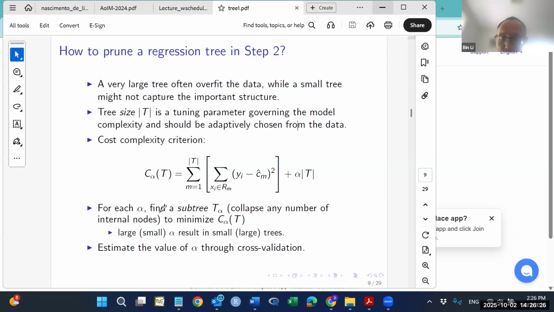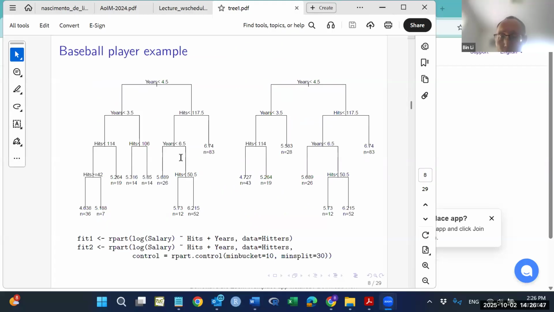So for each alpha, we can find a subtree. What is a subtree? A subtree is very simple: just collapse any number of internal nodes. If we collapse any internal nodes, then that becomes a subtree. Just like here, if we collapse these nodes, then this just becomes a leaf.